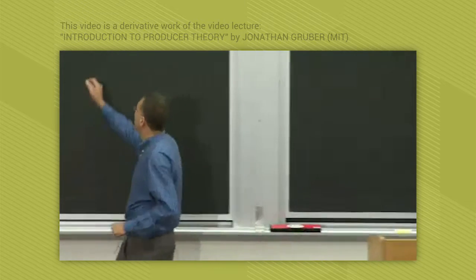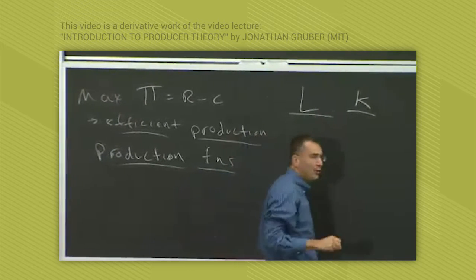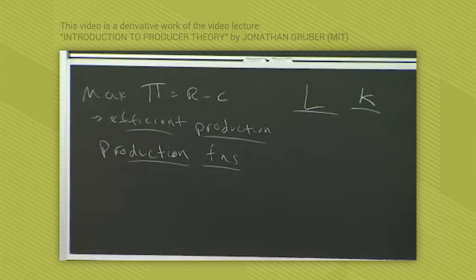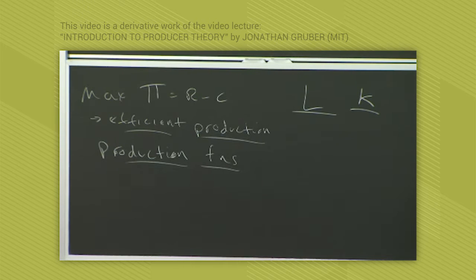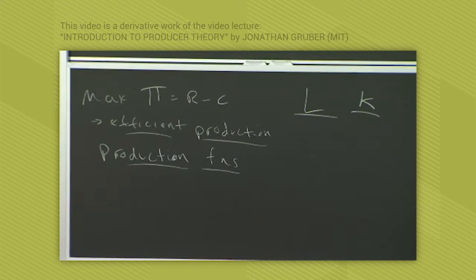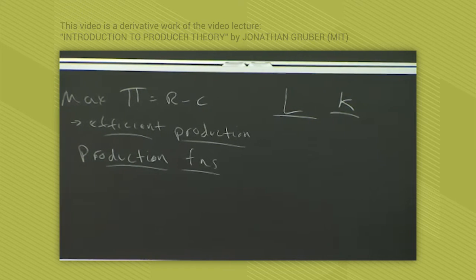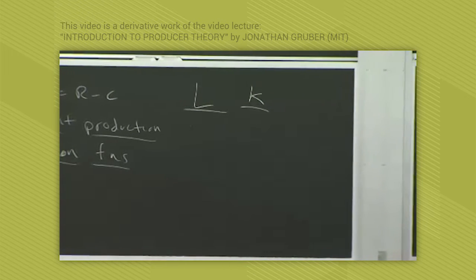Two kinds of inputs: labor and capital. Labor is clear. It's just hours of labor, hours of work in production. Capital is a lot trickier, and we'll spend a lot of time this semester struggling with what capital really means.